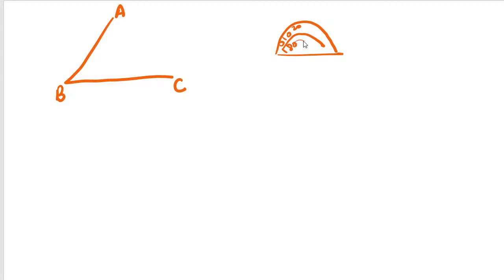So from inner scale you have to measure this and then tell me the angle. Okay, from inner scale you have to measure this angle and tell me the answer. And now this one also, by using your inner scale of protractor, tell me the answer, which angle it is.